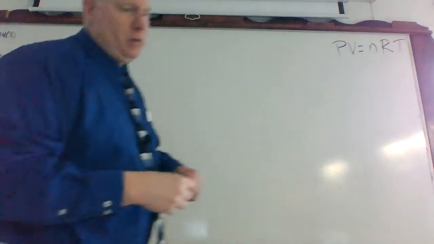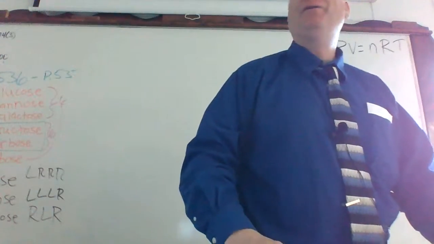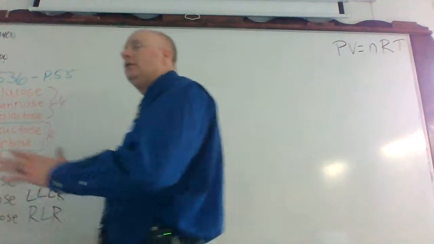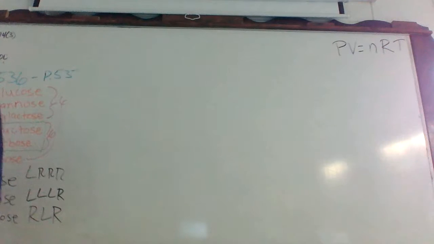All right, so what we want to do, well, maybe you don't want to, but what we're going to do, I wouldn't look at it that way. Don't say 1 mole equals that. The only thing we want you to know is the constant R. Don't say 1 mole, don't say 273, don't say 22.4 liters.